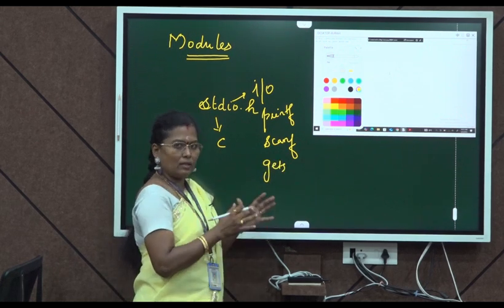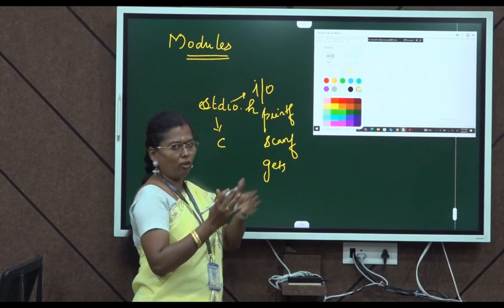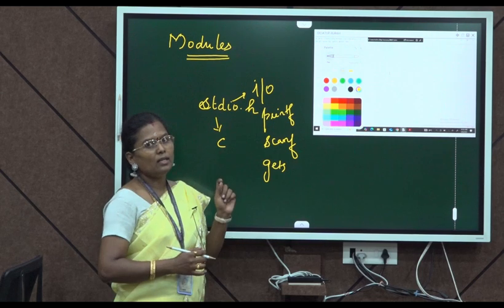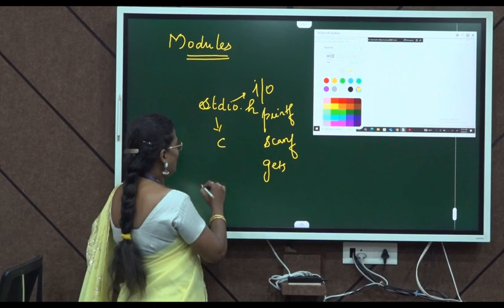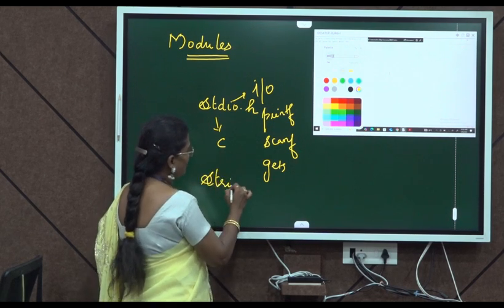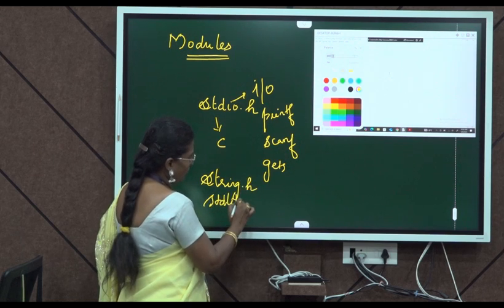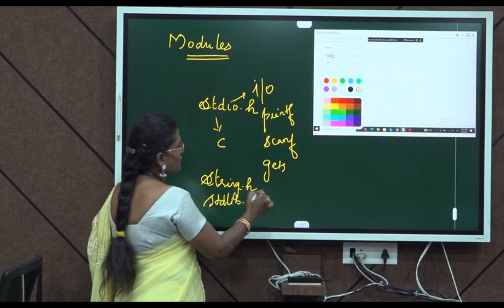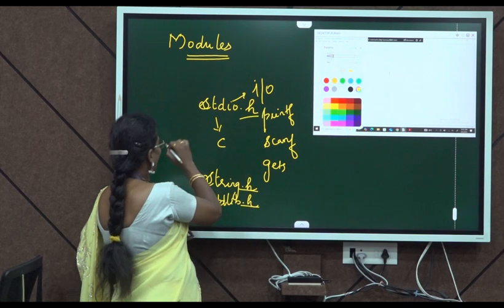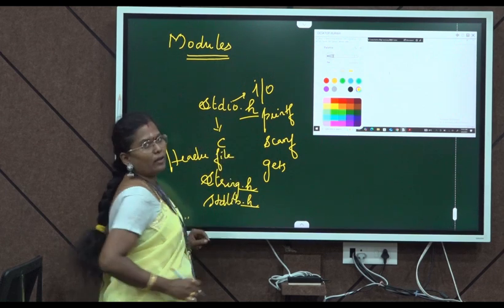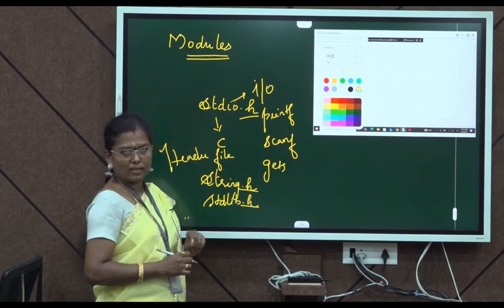The functions that support input and output are all put into one specific file called stdio.h. In the same way, we have files called string.h and stdlib.h. All these .h files in C are called header files.